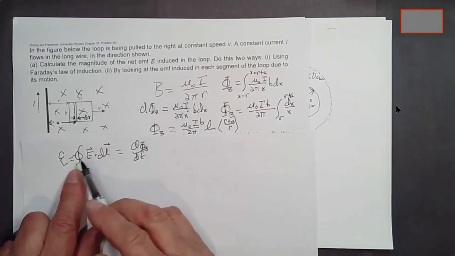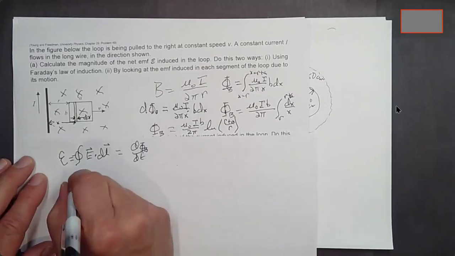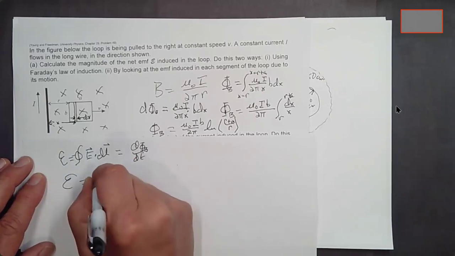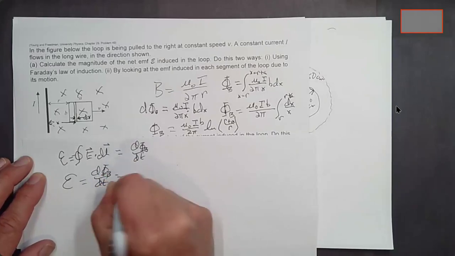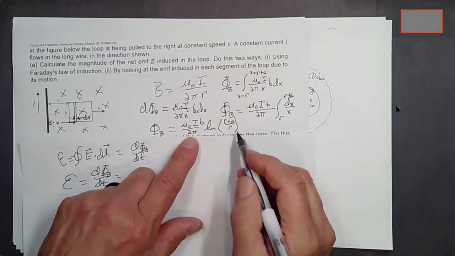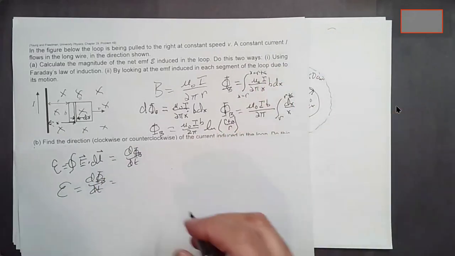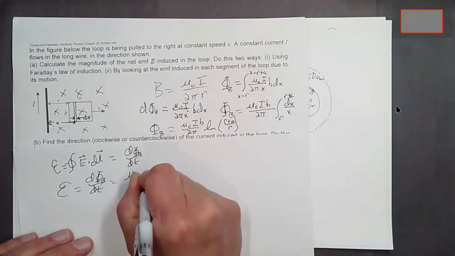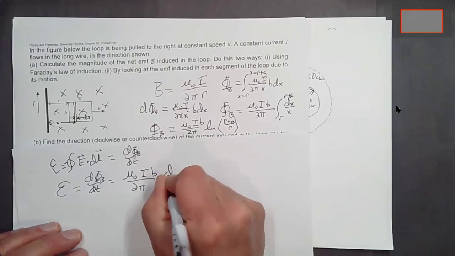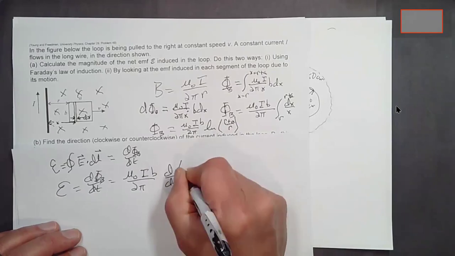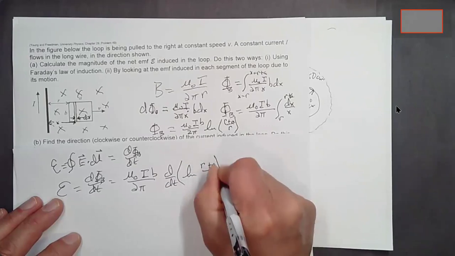So I'm bypassing the middle part. I'm just going to say the induced EMF is going to be d phi sub b dt. And I can take a time derivative of this thing. The only thing that's changing in this expression is r. And so I'll have mu naught I b over 2 pi, and then d by dt of that natural log of (r plus a) divided by r.